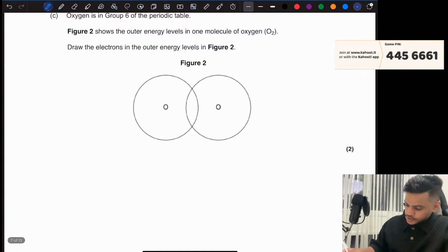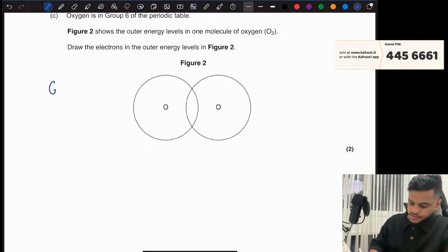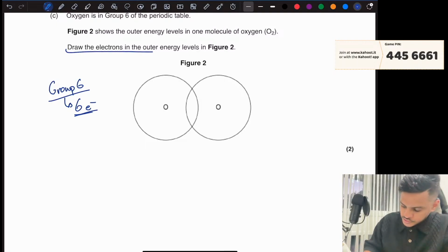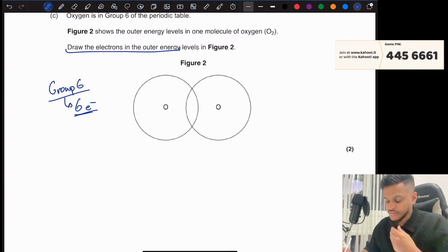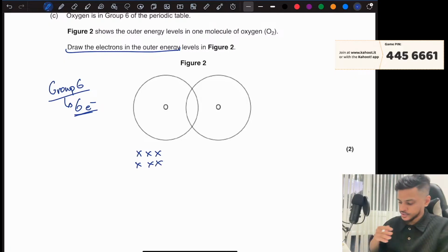So what you do, you look at oxygen in the periodic table, see how many electrons it's got. Oxygen is in group 6, okay? That means it's got 6 electrons in its outer shell. You only need to draw the outer shell electrons when it comes to covalent bonding. So that means we've got 6 on the left, 1, 2, 3, 4, 5, 6 that we need to put somewhere. And then we've got 6 on the right.